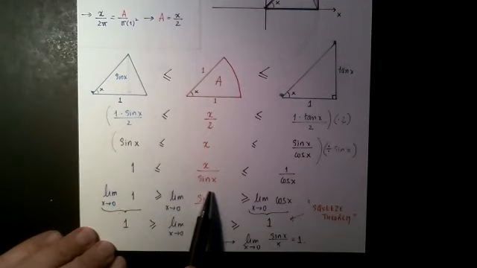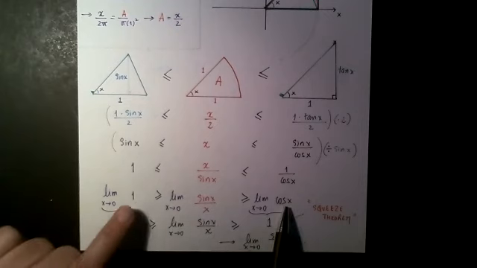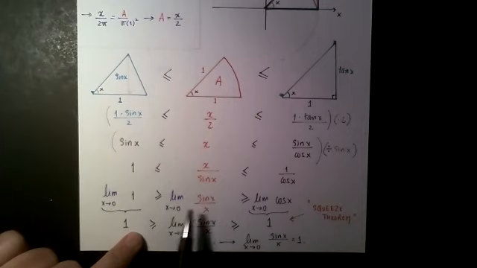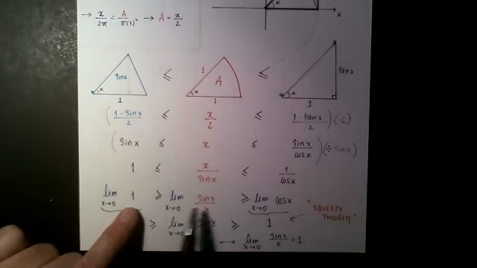What I'm saying here is that sine of x over x is always between cos of x and 1, no matter what x is. So if x is 20, it will be good. If x is pi over 6, it'll be good. If x is anything, it'll be between 1 and this.